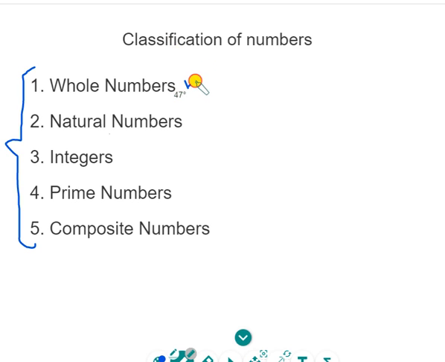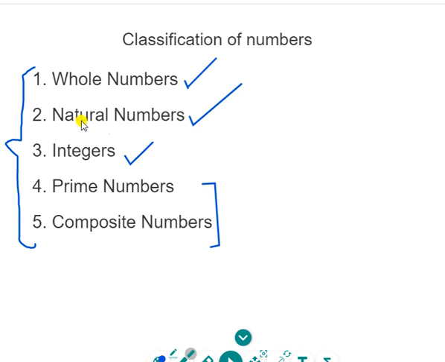Whole numbers are all the numbers which begin with 0 and keep on moving like 0, 1, 2, 3 and they keep on continuing. Whereas natural numbers are the numbers which include all the whole numbers except 0. Integers are the numbers which are positive and negative including 0. Now we are left with prime and composite numbers. So now let's learn about prime and composite numbers.